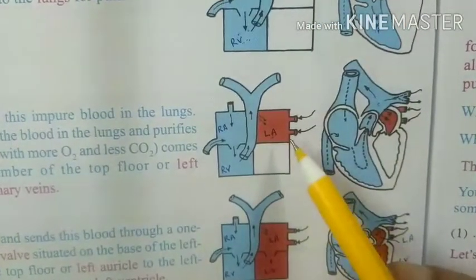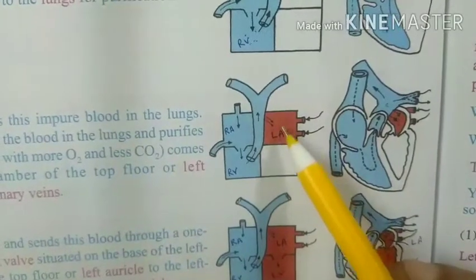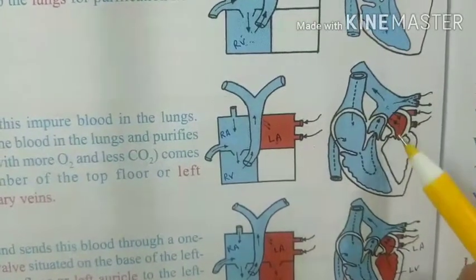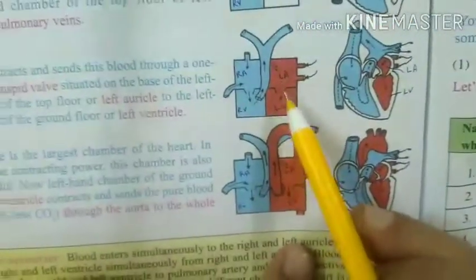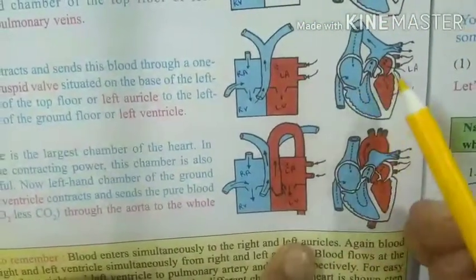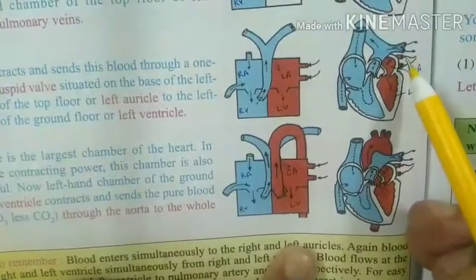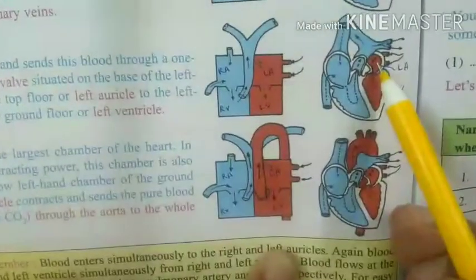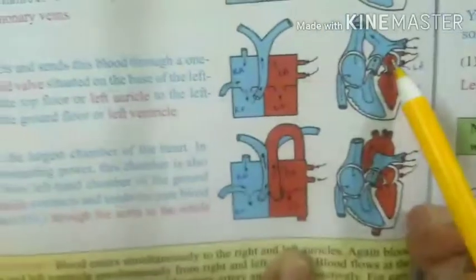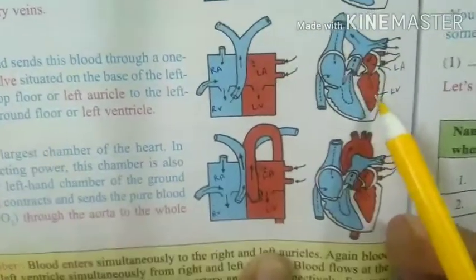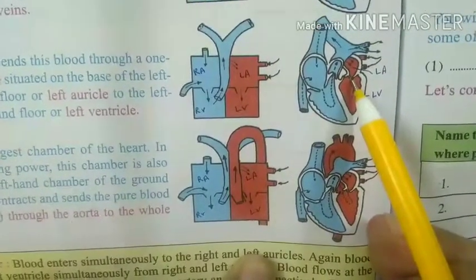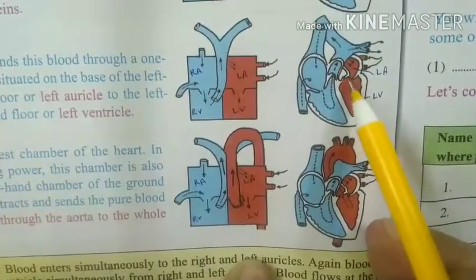Now, after pure blood reaches the left auricle, it expands and then it contracts. Look at this diagram. As a result, blood goes into the left ventricle through this mitral valve or bicuspid valve.